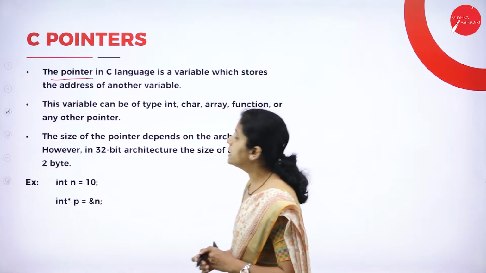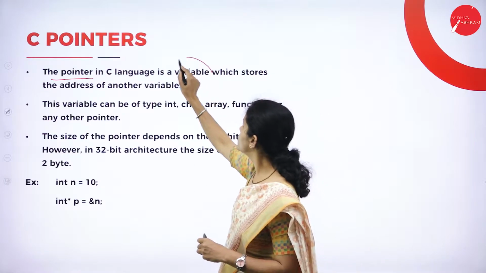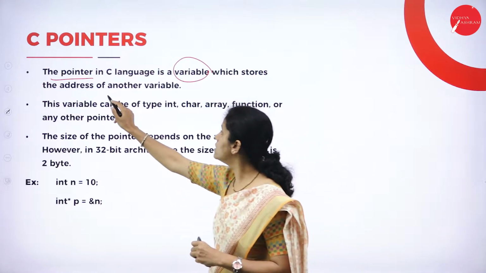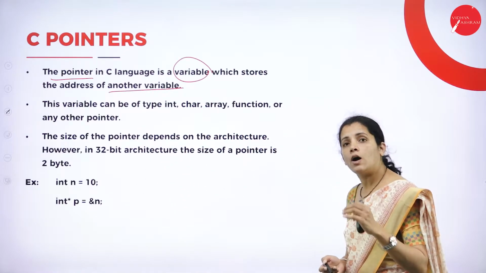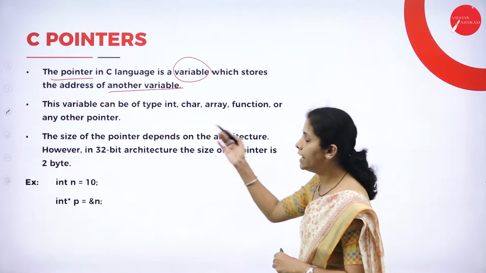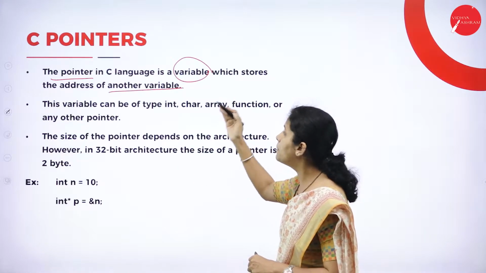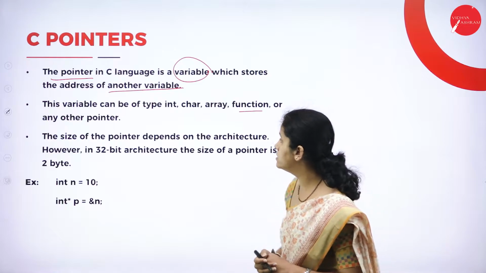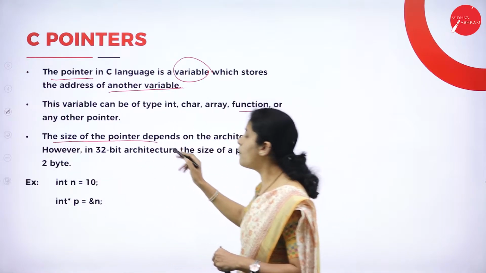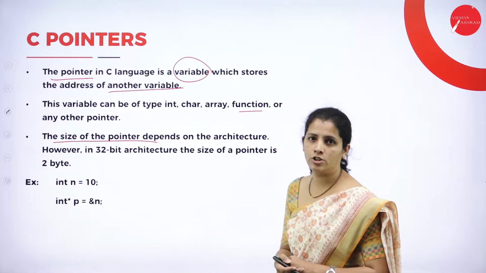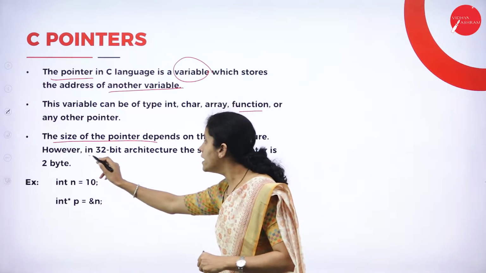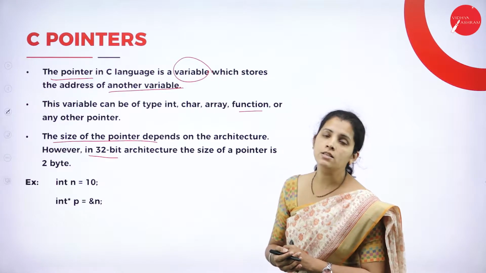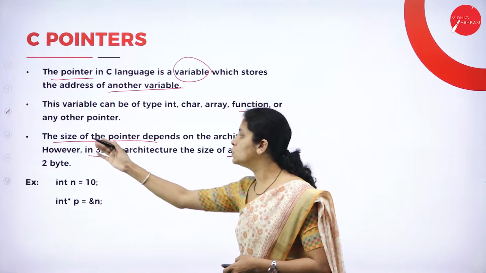A pointer in C language is defined as a variable which is capable of storing the address of another variable, and the variable may be of type integer, float, character, double, array, or function, even pointer to pointer. Now, the size of the pointer depends on the architecture. For example, if the operating system size is 32-bit, then the size of the pointer is 2 bytes.